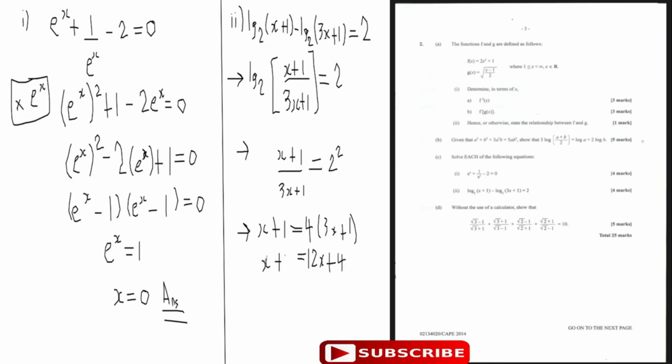I'm going to bring this x over to make it 11x, and I'm going to bring this 4 over to make it 1 minus 4, which is negative 3. Then I divide through by 11 to get x is negative 3 over 11. That's the answer. x is negative 3 over 11. Nice.